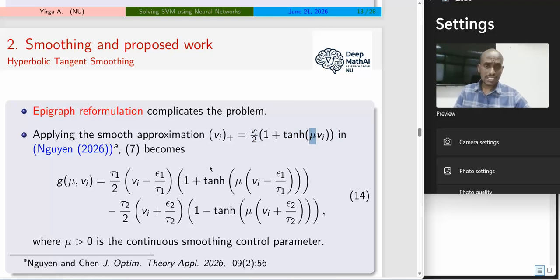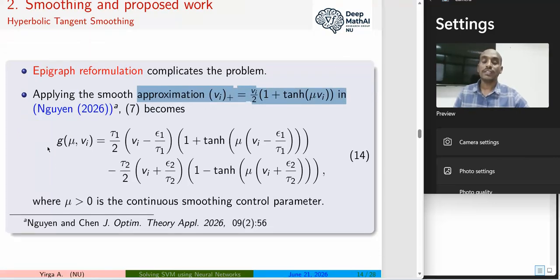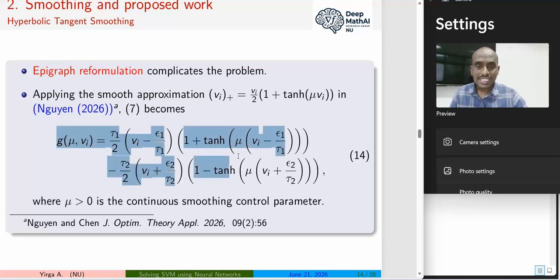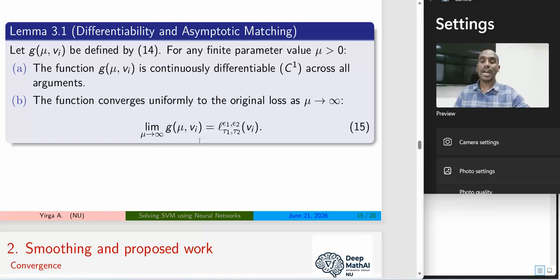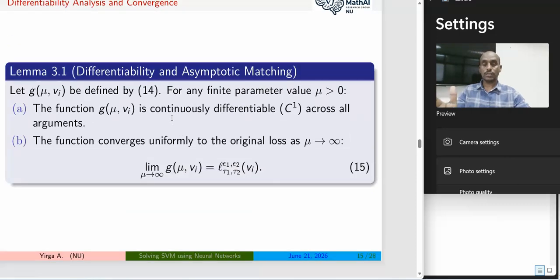So with this approximation of the plus function, we redefine, or approximate, our generalized pinball loss in terms of this tanh smoothing, as defined in 14. So this is our approximation. Using this approximation of the generalized pinball loss, we have our optimization problem.